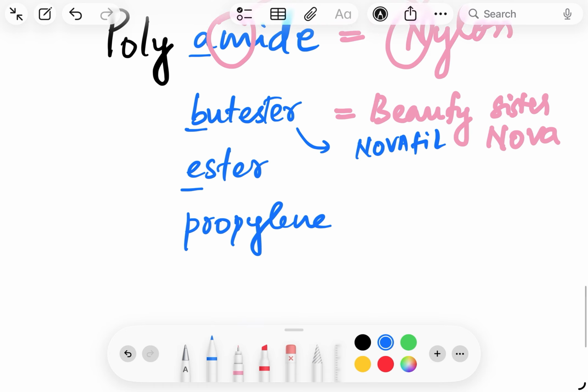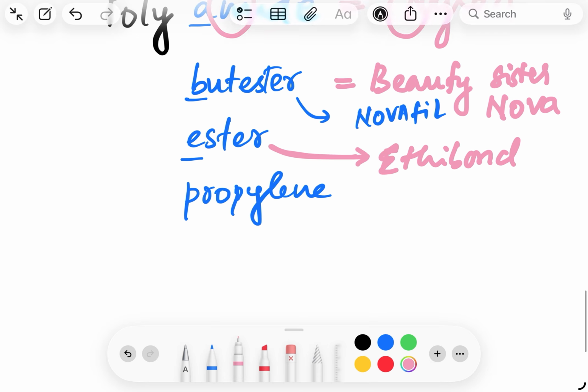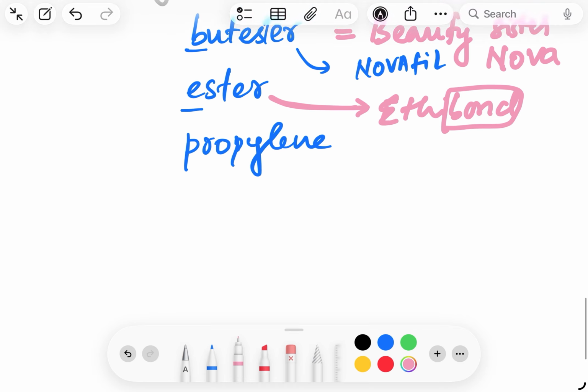So beautiful sister Nova is polybutester. Polyester is Ethibond. So just remember you have a bond with ester. And the next one is polypropylene. It itself has it, Prolene.